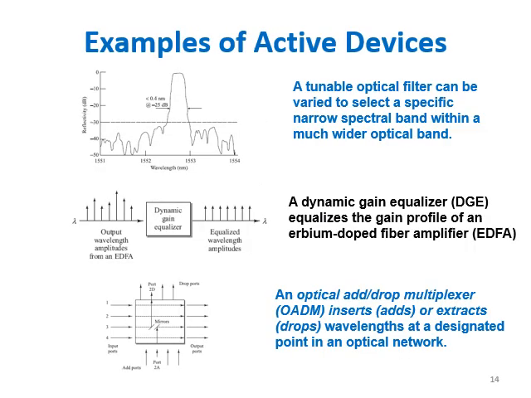There are a few other devices. One is tunable optical filters, which can be varied to select a specific narrow spectral band within a much wider optical band gap. This is defined as per this particular diagram. The optical filter has a wavelength range of 1550 to 1553 nanometers, and within that range it needs to be defined.